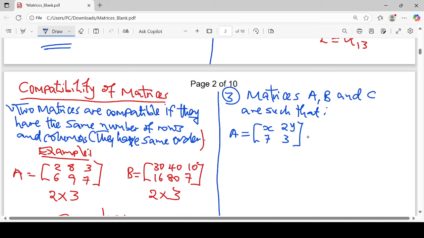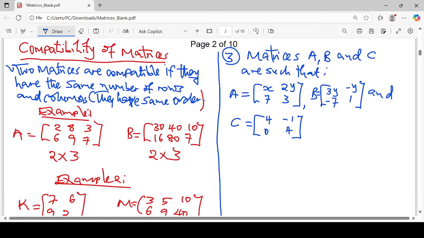Look at this example keenly, learners. Our matrix B is 3y, negative 7, negative y, 1. Then finally we have matrix C, whose elements are 4, 0, negative 1, 4. A very, very good question.